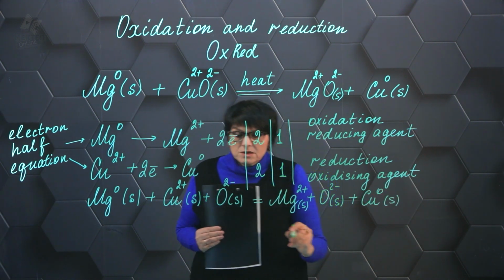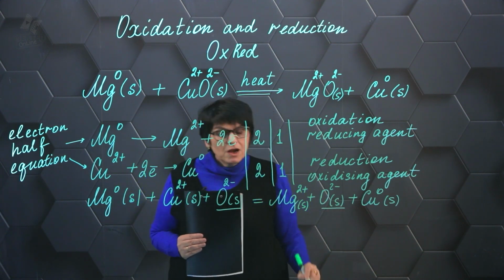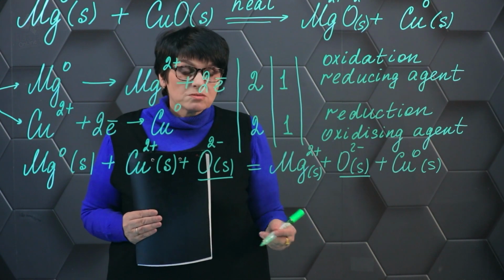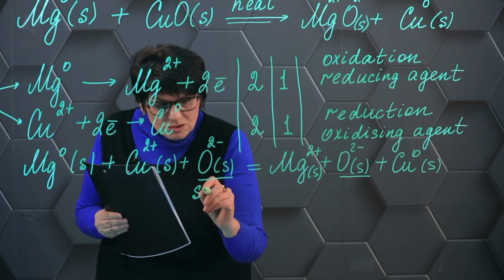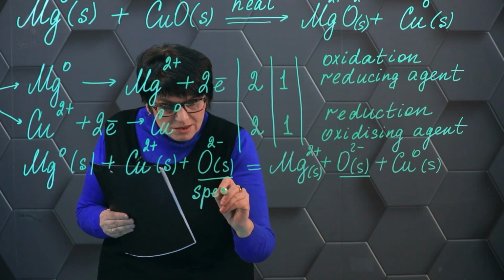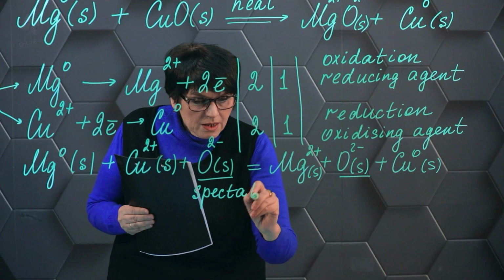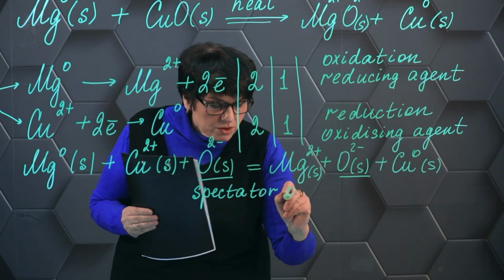Now let's see that in this connection, on the left and on the right, we have oxygen with a charge of 2-, which we can regard as similar. Such particles, which we can subsequently reduce, are called reducible particles.